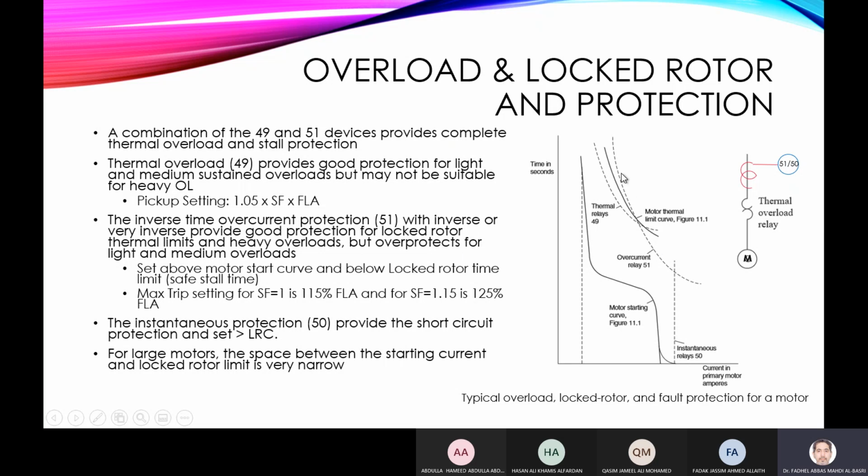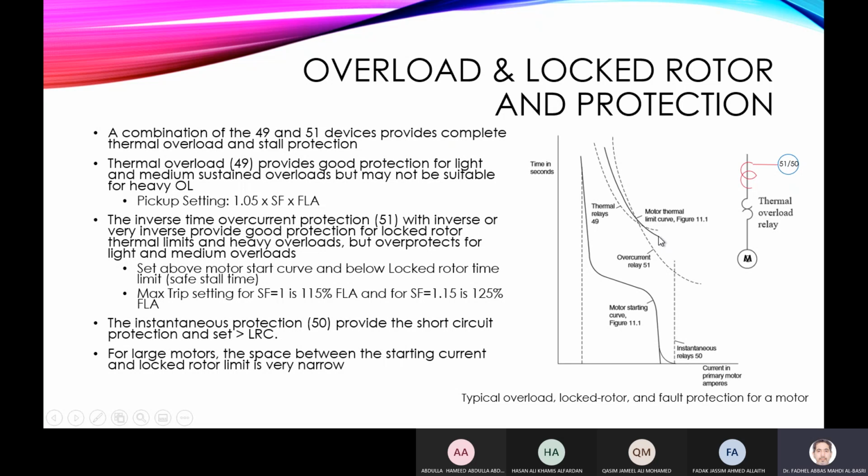The overcurrent relay, the 51 relay, will provide the locked rotor protection, and it's set normally below the thermal limits or locked rotor, and there is one point here we call the safe stall time.